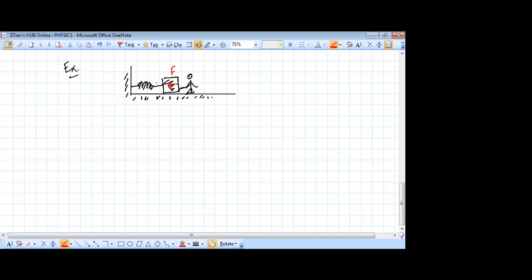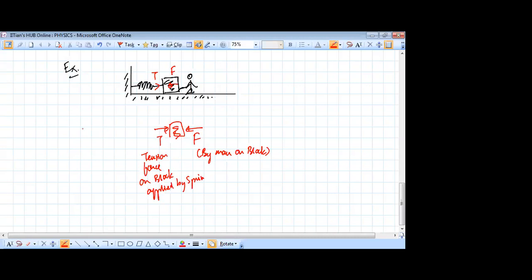And similarly, the spring will apply what we call a tensional force. So on the block, what will happen is, this is the force applied by the man on the block. This is the tension force on the block, again applied by the spring.